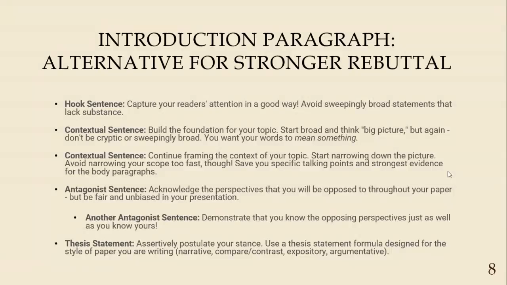And comparing this to the previous slide, we've got these two antagonistic sentences here, and we put them back to back. So in the previous one, we had your perspective that you would argue, one antagonistic sentence, and then the thesis. So it's kind of like a volley. It's kind of like us, them, us.